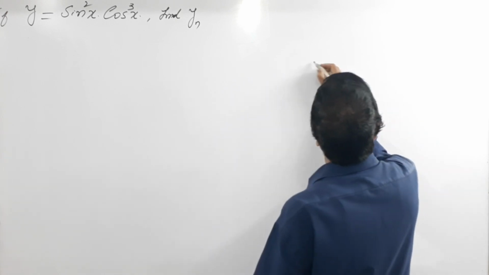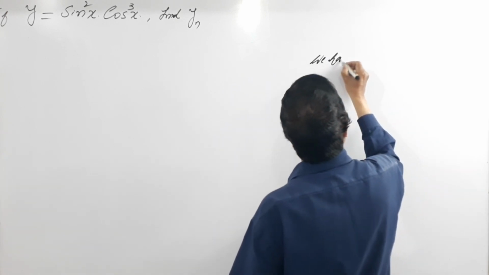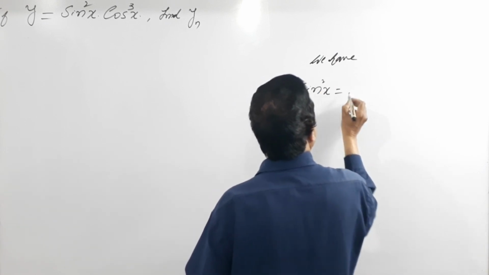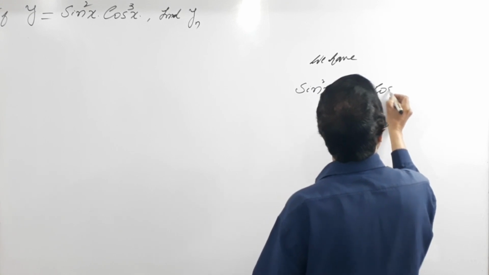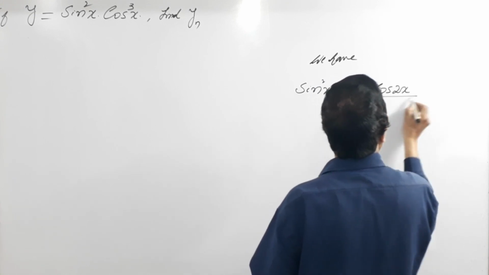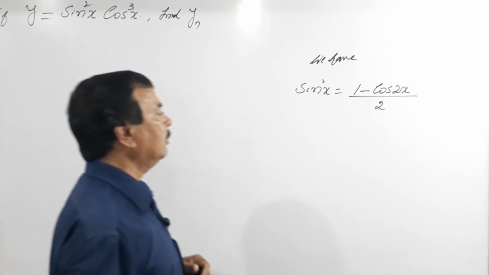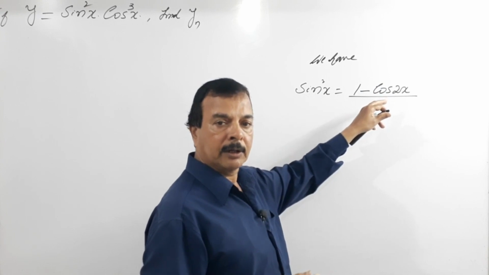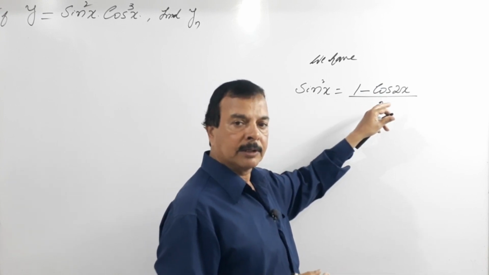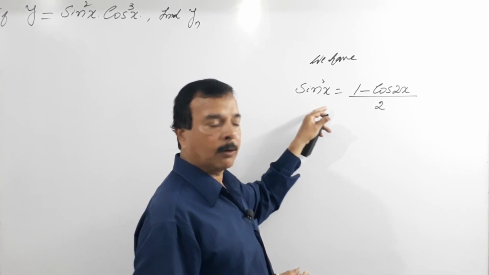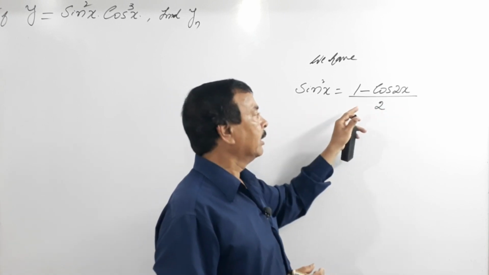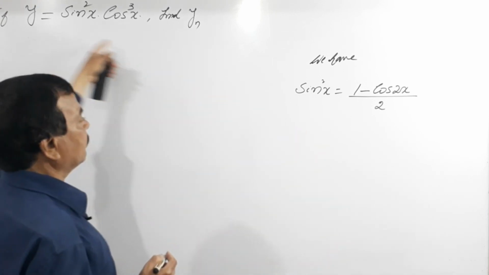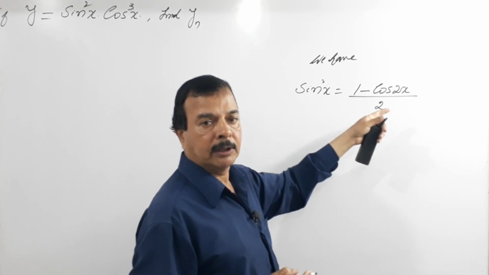We have sine square x equals 1 minus cos 2x by 2. This is a trigonometric formula. So we are converting the sine square product into a difference rule by this relevant formula, so here we can substitute sine square with this, where you can easily find the nth derivative.